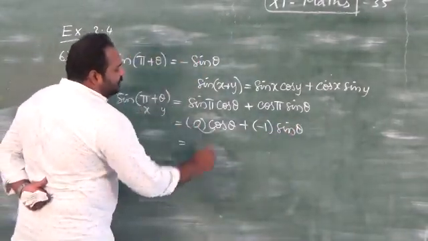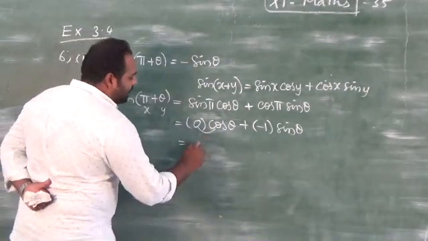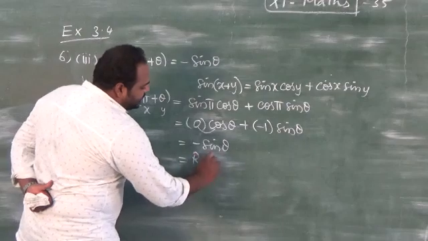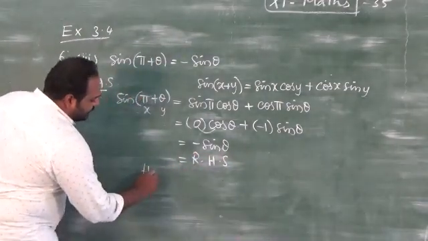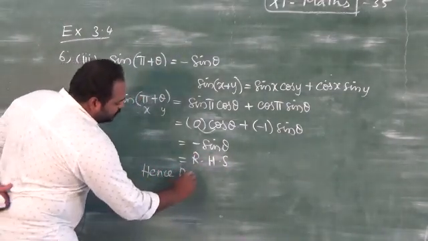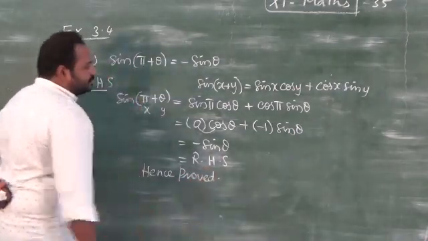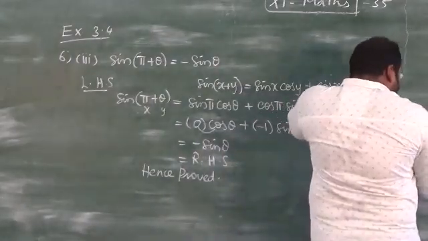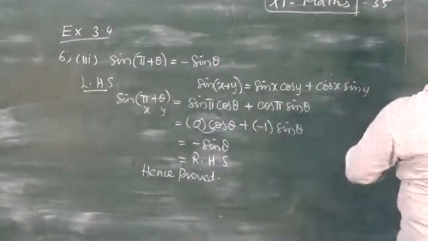So 0 multiplied by anything is 0. So minus sin theta, which is RHS side. So hence proved. So problem 6 is over. Next we can see problem number 7.